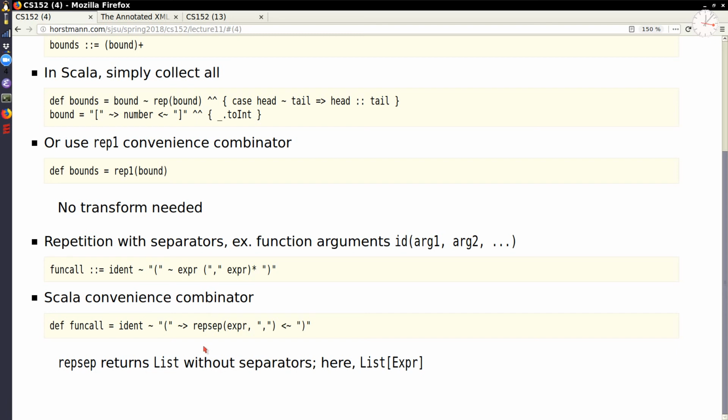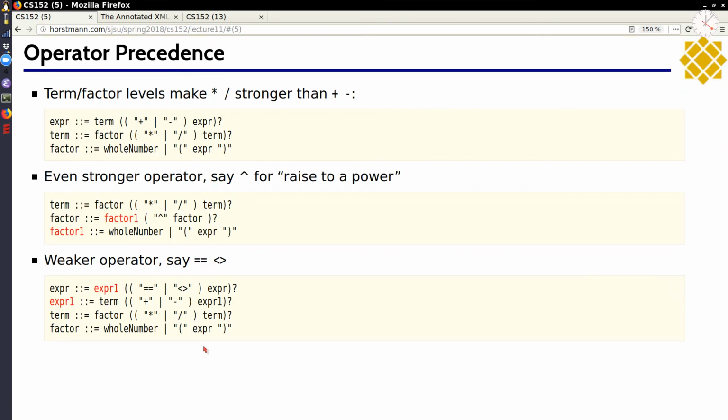So those convenience combinators are nice, and we're going to be using them frequently. So the next thing that we need to have a strategy for, when we add operators to the various languages that we're parsing, those operators will have some kind of precedence. You already know how to deal with the fact that addition and subtraction should be weaker than multiplication and division.